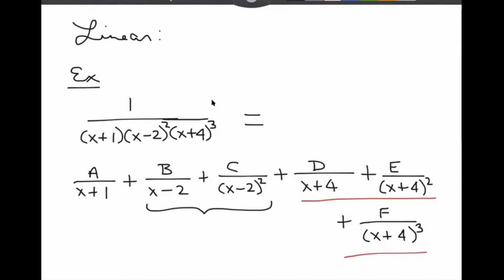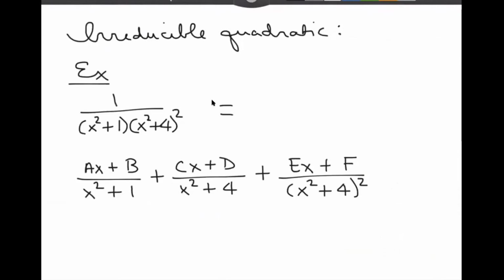All right. Now what do you do if there are irreducible quadratic factors? What do I even mean by irreducible? Irreducible means, like in the case of x squared plus 1, there is absolutely no way to factor that using real coefficients.